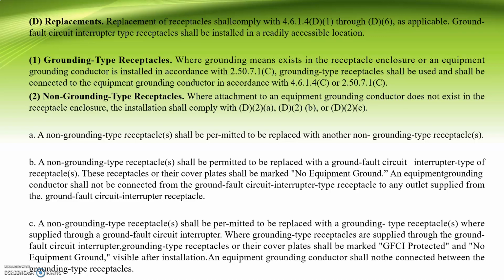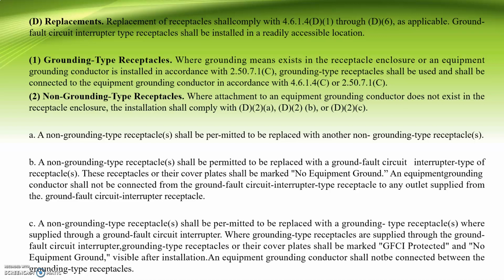Where a grounding means exists in the receptacle enclosure or an equipment grounding conductor is installed in accordance with Chapter 2.50.7.1c, grounding type receptacles shall be used and shall be connected to the equipment grounding conductor in accordance with Chapter 4.6.1.4c or 2.50.7.1c.